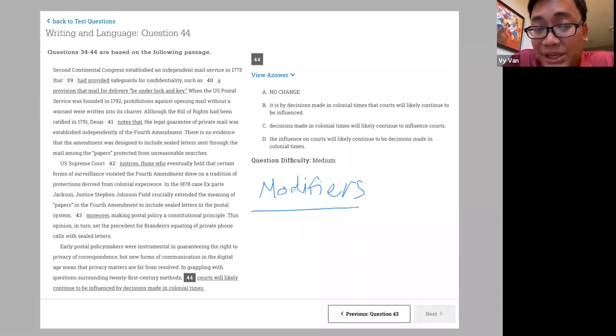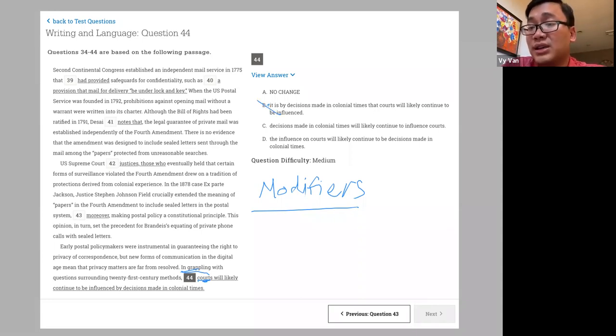In grappling with questions surrounding 21st century methods, courts will likely continue to be influenced by decisions made in colonial times. B, it is by decisions made in colonial times. So here, in grappling is the modifier. We want to ask ourselves, who grapples with questions? Of course, the courts, right? So the courts are the ones grappling with questions.